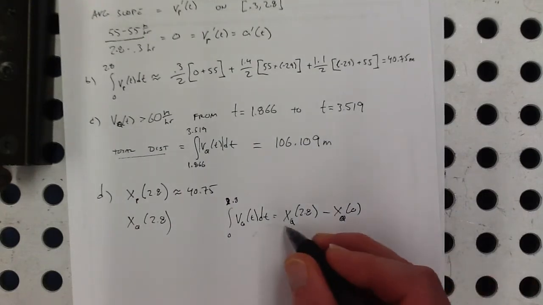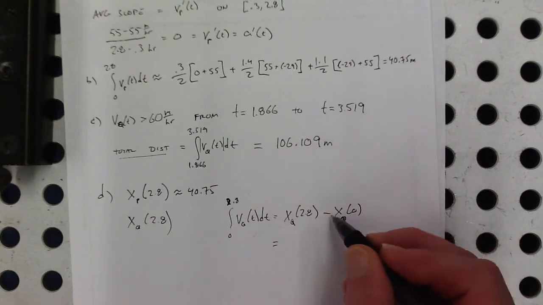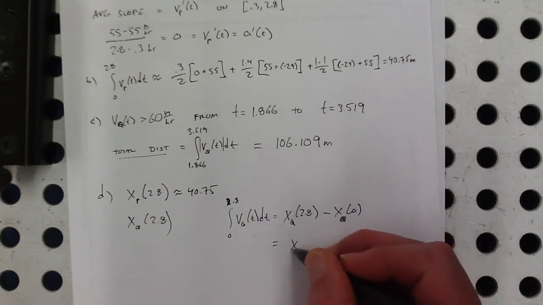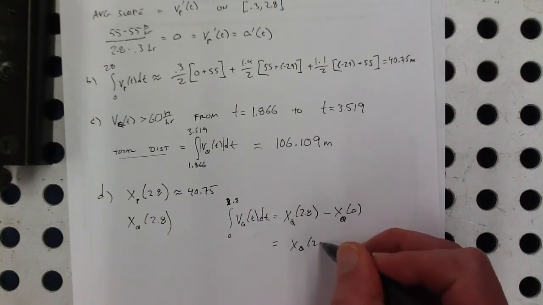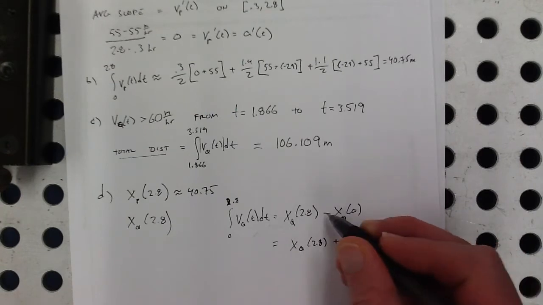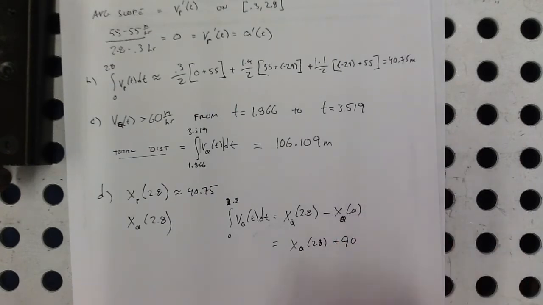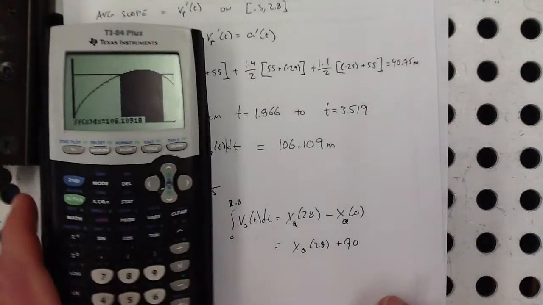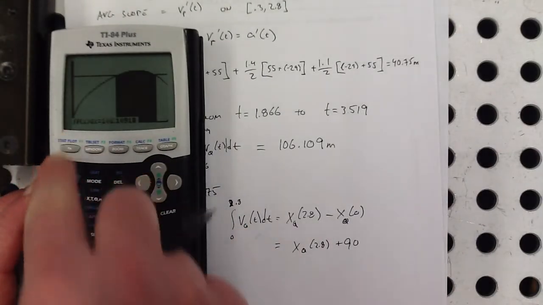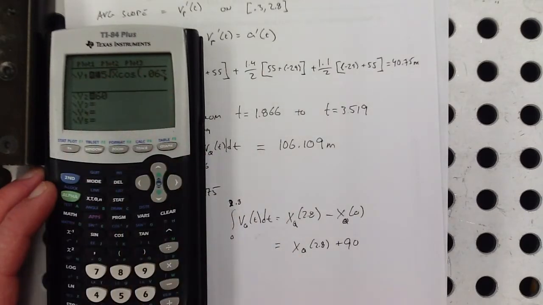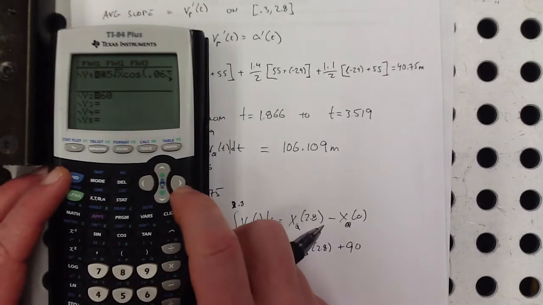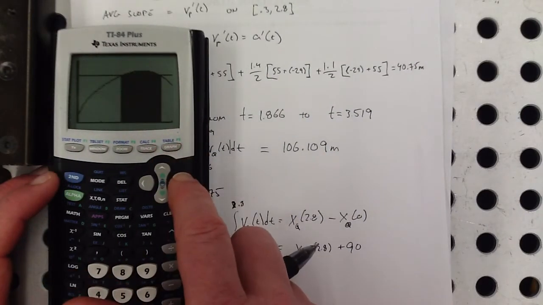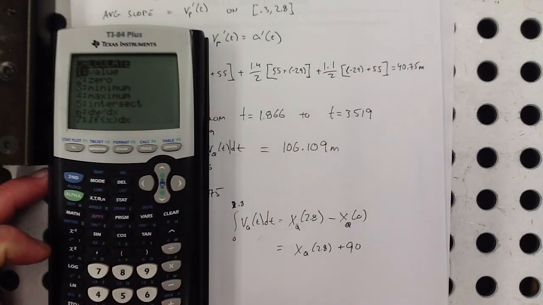Right? Trying to find that. And I know that this is -90. So minus -90 would be plus 90. And then that I'm just going to find here because I have my VQ right there. So I just need to go back to here and do this again.